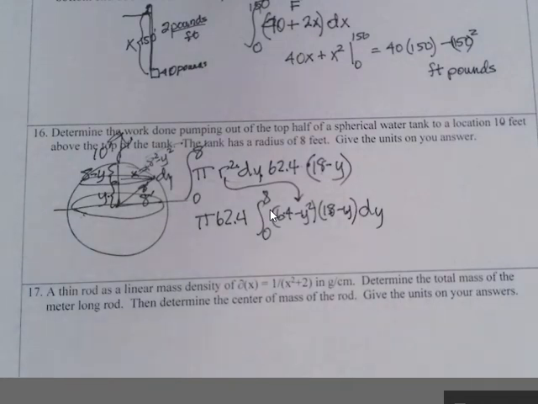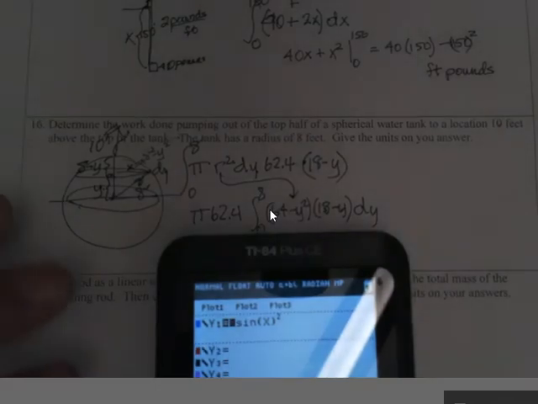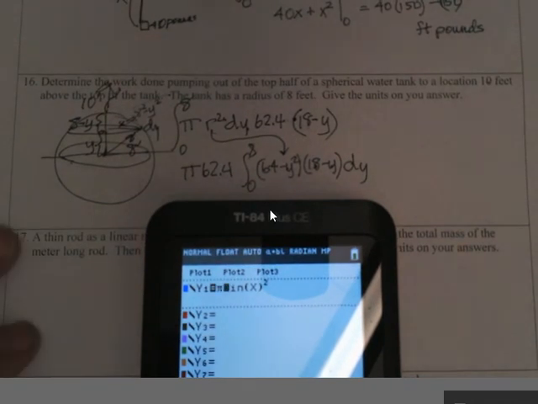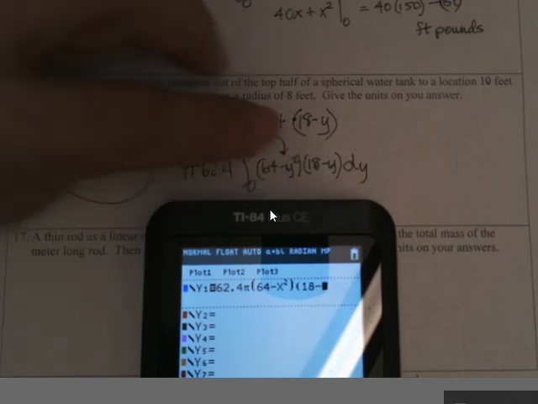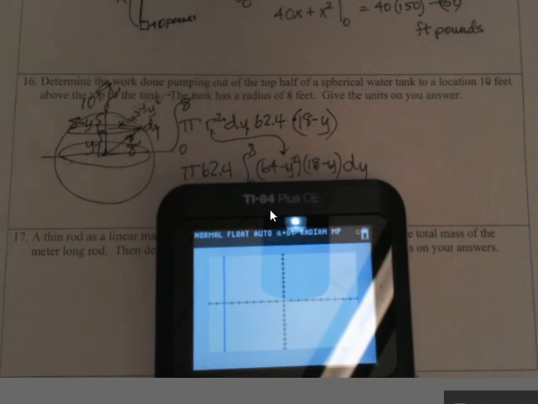Let's see what we get for an answer. So I got pi, clear, 62.4 pi times parentheses 64 minus x squared, close parenthesis, open parenthesis, 18 minus x, close parenthesis, and we're going 0 to 8, so zoom 6 will get all the x's.